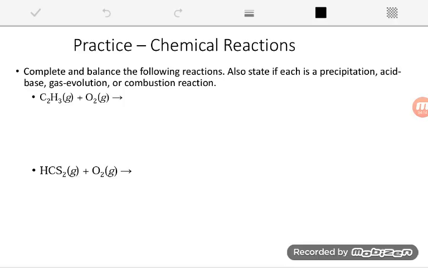Let's look at a second example. Once again, I'm just going to go through with each element and think about how it reacts with oxygen. So I have hydrogen. That will produce H2O. I have carbon. That will produce CO2. And I have sulfur. That will produce SO2. Now I'm going to balance.